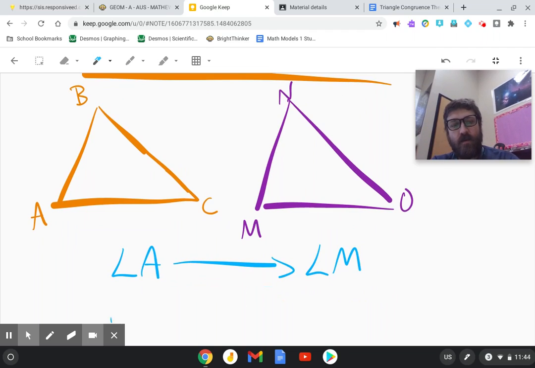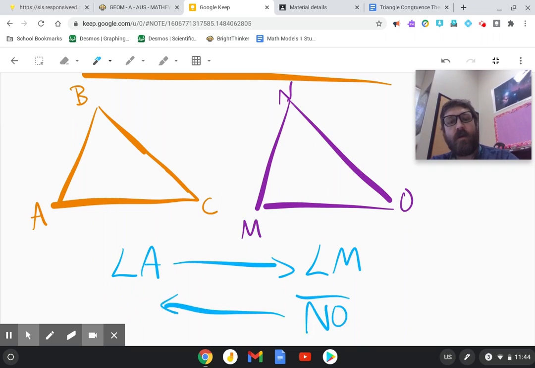Also, I could say that line segment NO corresponds with, well, since NO is here, I would need this side right here. And so I would say BC.